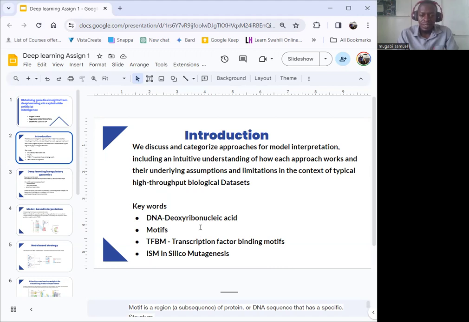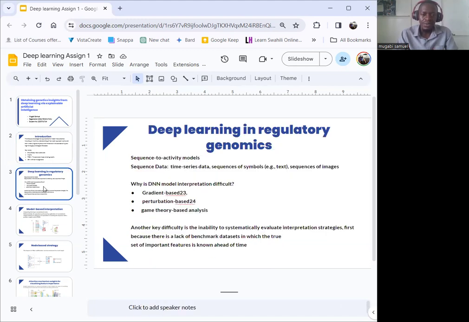And it is from this that some of these predictions will be made, whether our DNA is disease resistant, and so on and so forth. We shall also find TFBM, which is transcription factor binding motifs, and ISM, which is in silico mutagenesis. We shall talk about these in the subsequent slides.